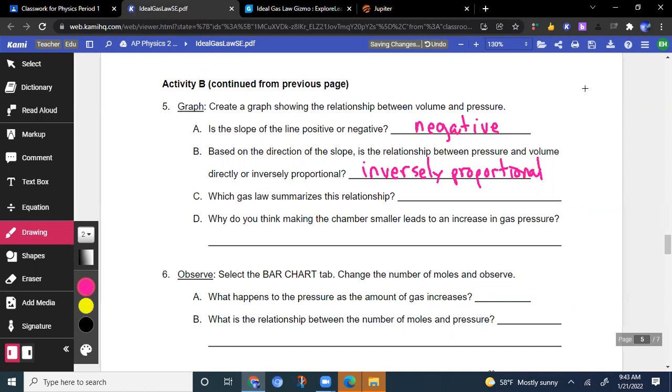Which law summarizes this relationship? You guys are now going to have to pause for a second, go back to activity A, and look at what we summarized yesterday. We summarized Charles' law, Boyle's law, and then earlier on we summarized Gay-Lussac, and we also looked at Avogadro's law yesterday too. So which one of those laws summarizes the inverse relationship between pressure and volume? See if you can find it.